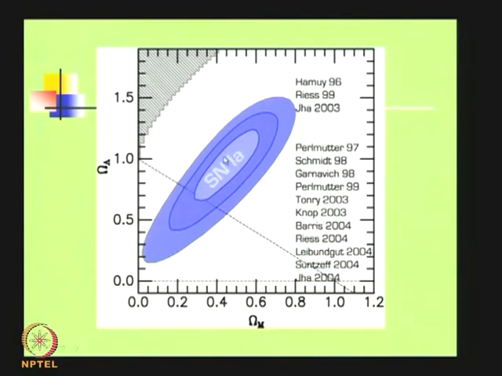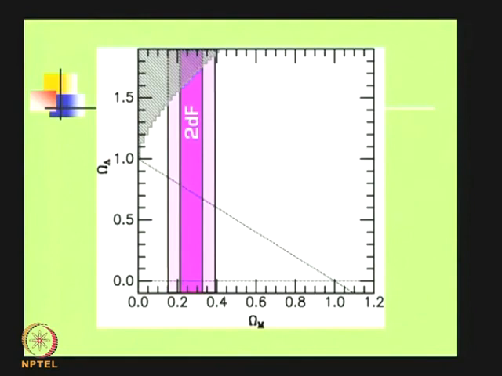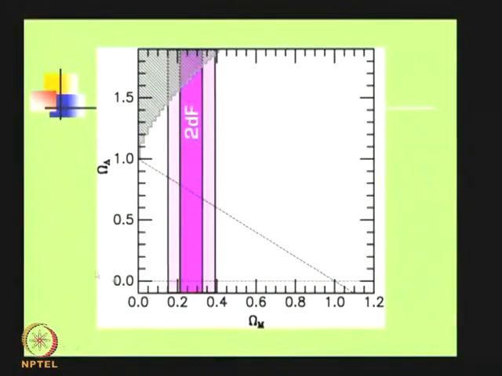But there are other observations in cosmology which I have not mentioned. So let me just show you the results from these observations. I will not go into the details of how they are determined. So these are observations of galaxy surveys. Galaxy surveys map out the distribution of galaxies in space, and these observations can also be used to constrain the value of omega matter and omega lambda.